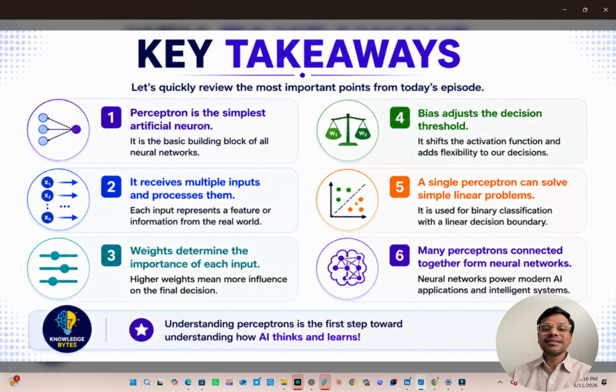Weight determines the importance of each input, and bias adjusts the decision threshold and adds flexibility. A single perceptron can solve simple linear classification problems, and many perceptrons connected together form a neural network. If you understand these six concepts, you have successfully mastered the fundamentals of perceptrons.